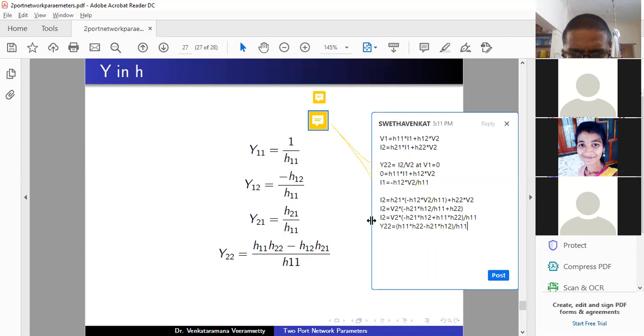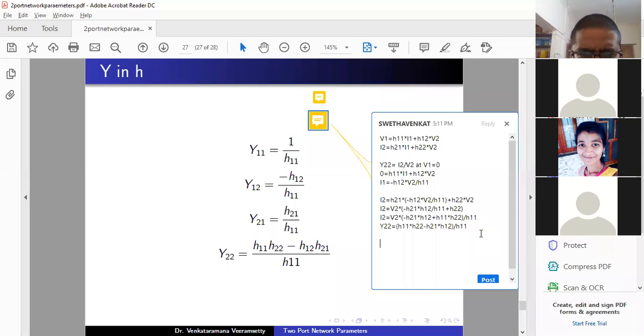Right? This is how we can derive the expression for the Y22 in terms of the hybrid parameters. So Y22 equal to H11 into H22 minus H12 into H21 divided by H11.